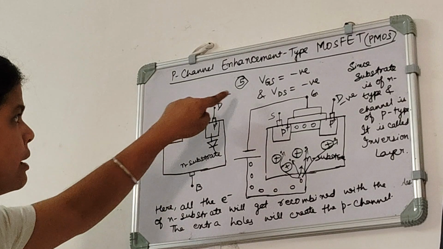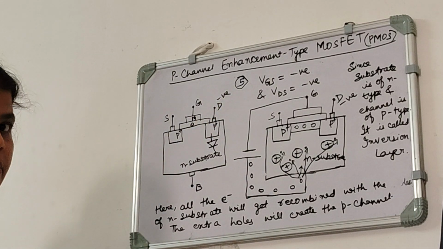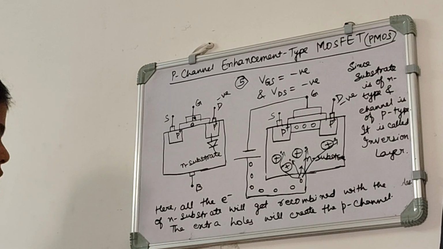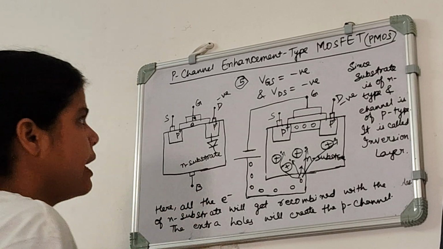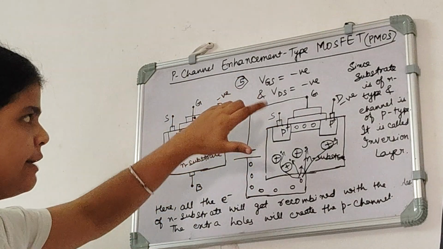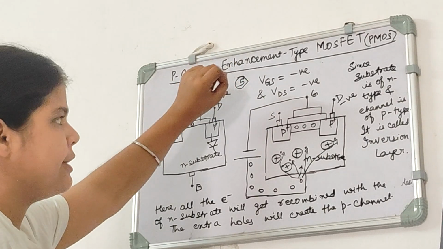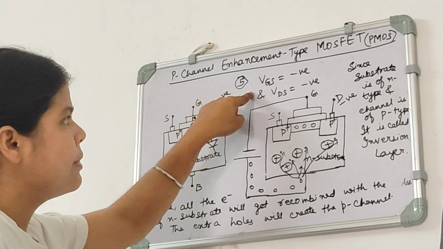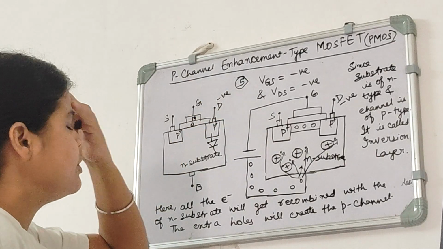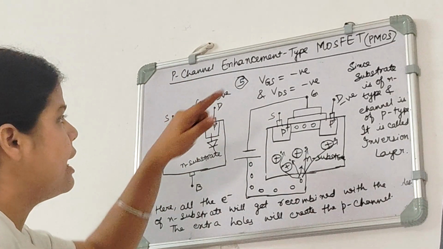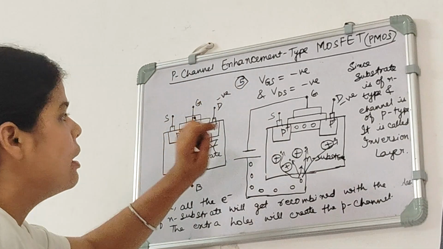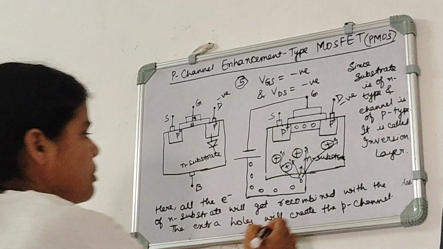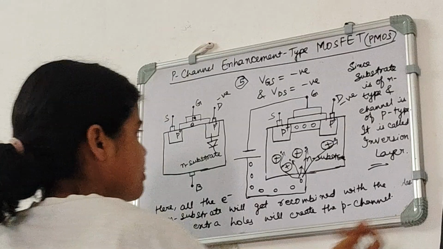So this will happen when our VGS is negative but it is not less in magnitude. So after a certain negative VGS it will happen. Like when we applied VGS negative but which was less in magnitude, the channel didn't form. But when we increased the VGS in the negative direction, that is we made our VGS more and more negative, our channel got formed and we have a P channel.